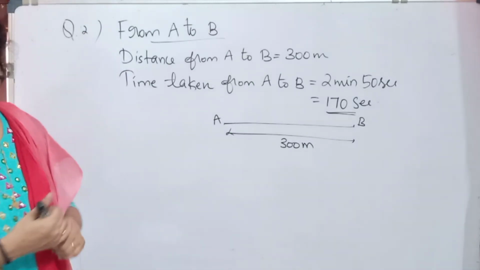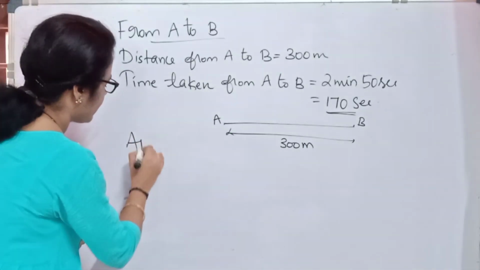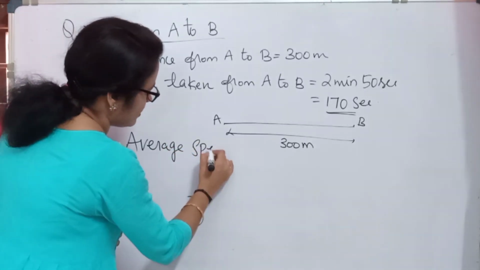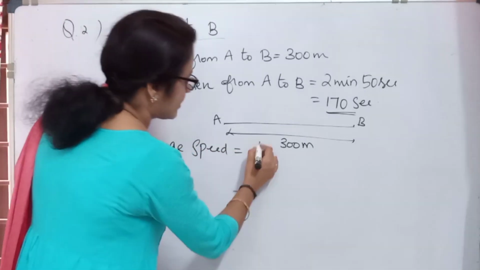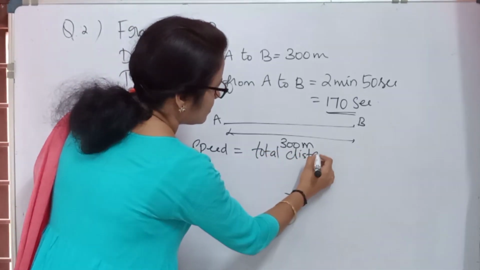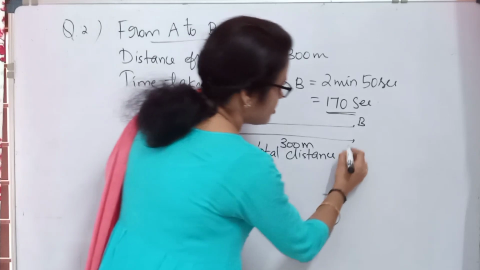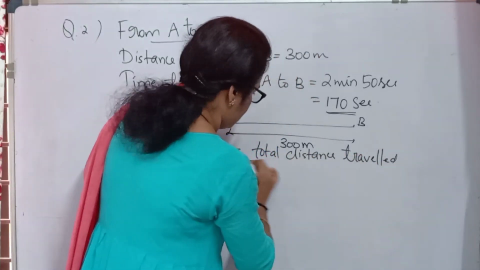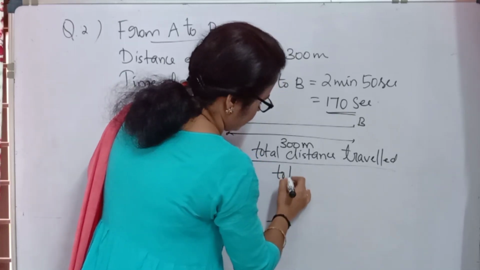So we can write down the average speed is equal to total distance traveled divided by total time taken.